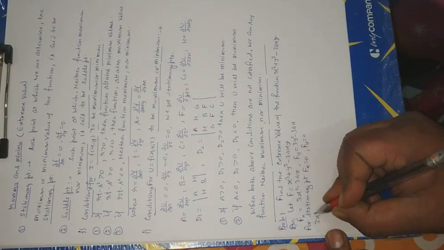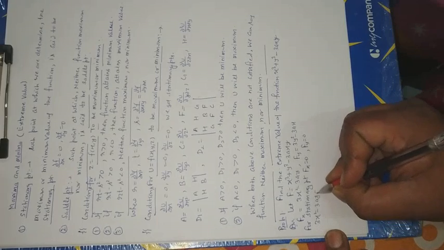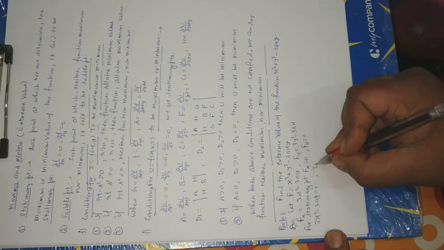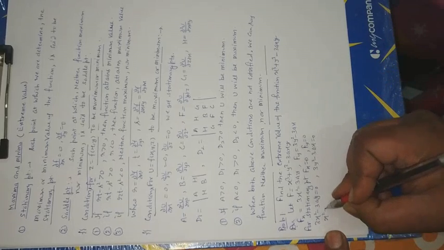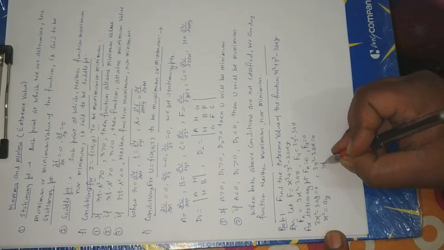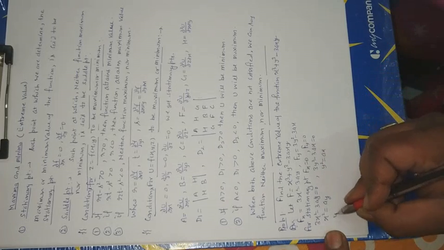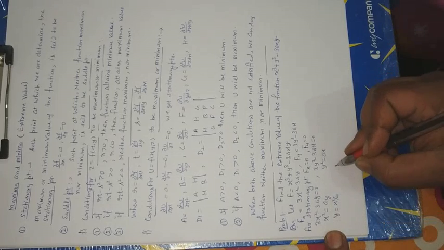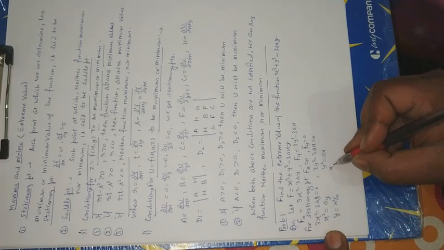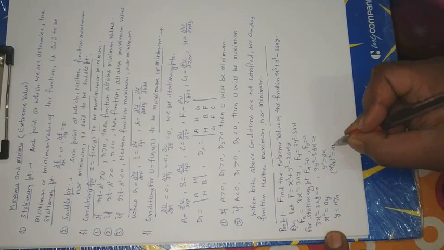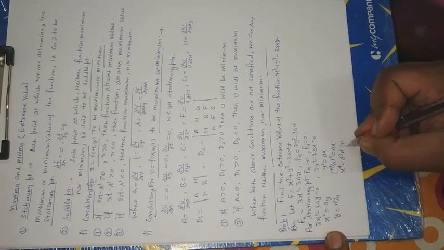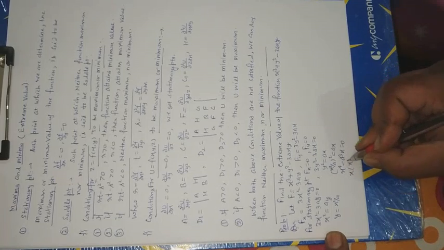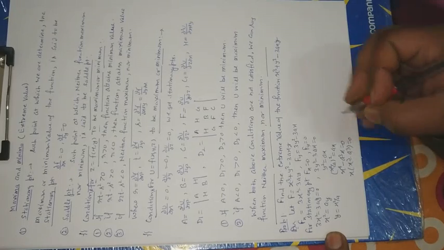Now 3x square minus 3ay is equal to 0, and 3y square minus 3ax is equal to 0. That is, x square is equal to ay and y square is equal to ax, where y is equal to x square upon a. Now putting here the value of y, x square upon a whole square equals ax, that is x to the power 4 minus a cube x is equal to 0, that is x common, x cube minus a cube is equal to 0.